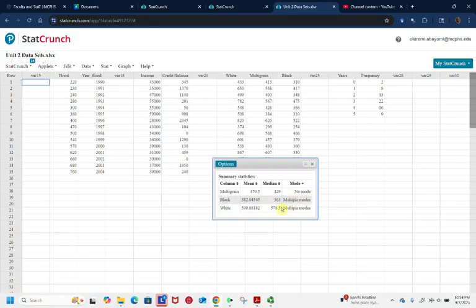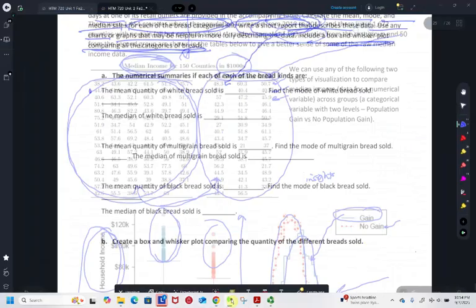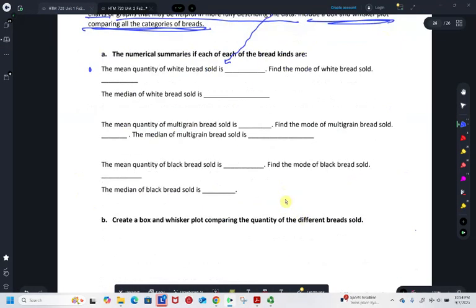One has no mode. So if you go back, I can complete this: the mean quantity for white bread is 599.7. The mode is 508 and 820, whereas the median is 578.5.